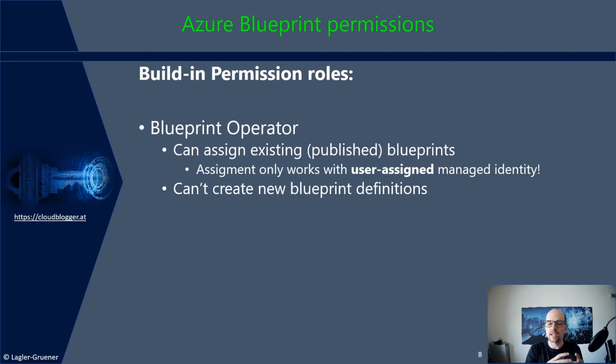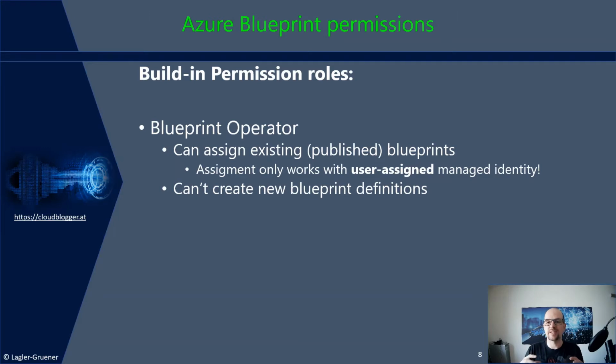There are two managed identity types available. The first is the user-assigned managed identity. It's a pre-configured managed identity with the correct permission. And the second option is a system-assigned managed identity, which means the blueprint service itself gets a system-assigned managed identity for the assignment, which has owner permission over your subscription.